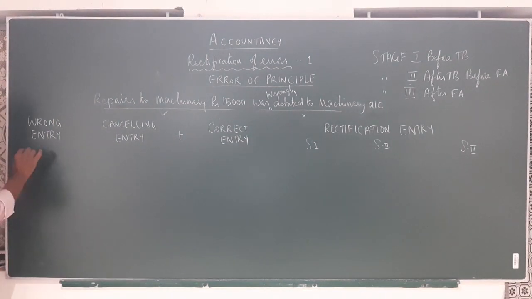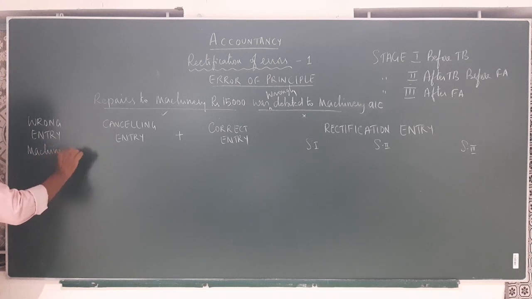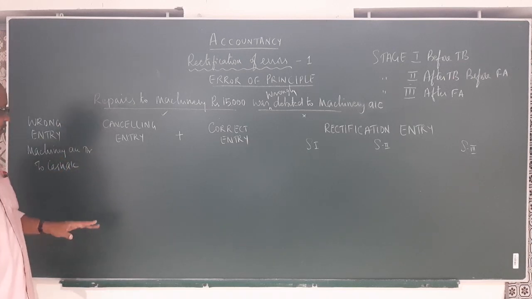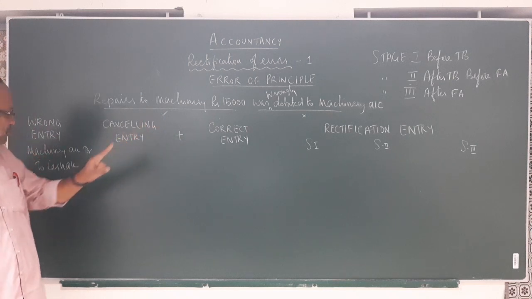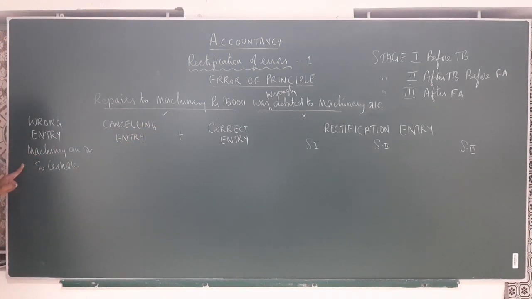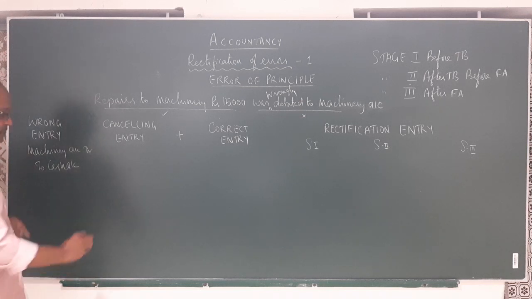The wrong entry will be machinery account debit to cash account. Repairs to machinery rupees 15,000 was wrongly debited to machinery account. Machinery account debit to cash account is the wrong entry. Now cancel this one. How do you cancel it? Reverse it.